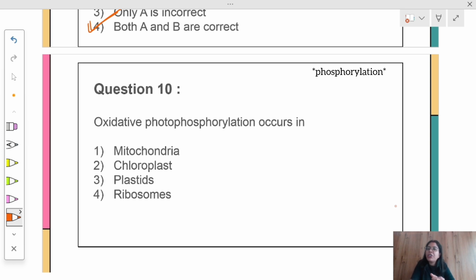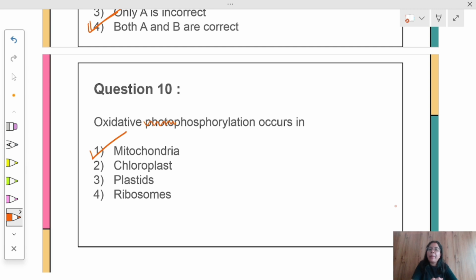And this aerobic respiration occurs inside mitochondria, right? So oxidative phosphorylation is synthesizing ATP by breaking down NADH and FADH2 in mitochondria. This is called oxidative phosphorylation. And the mistake here is that oxidative photophosphorylation is mentioned. It should be oxidative phosphorylation.